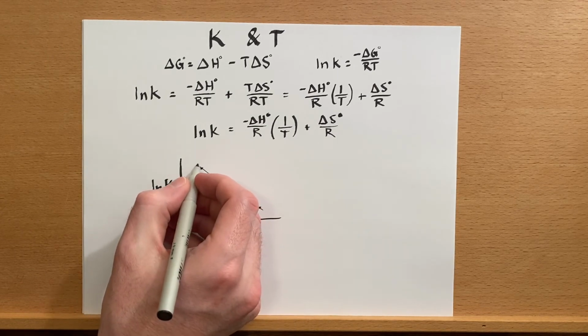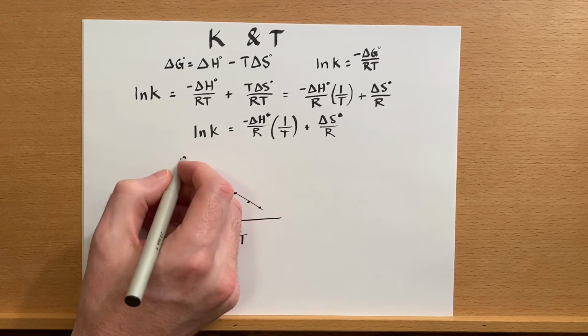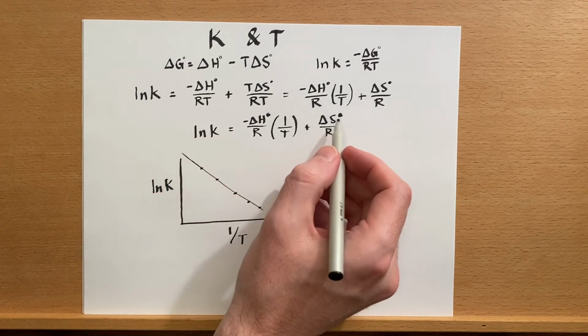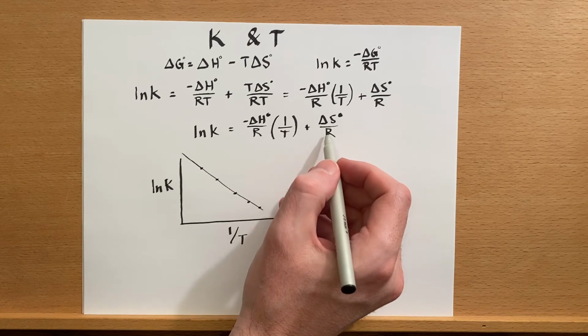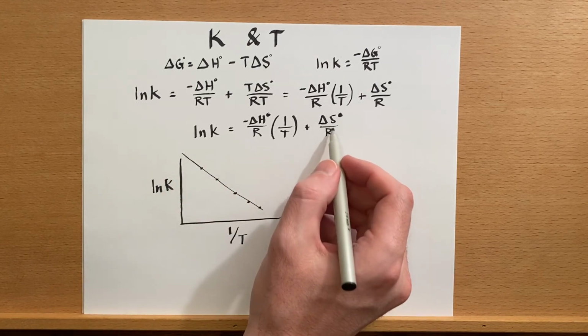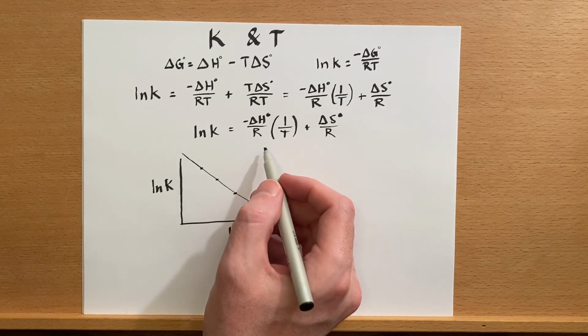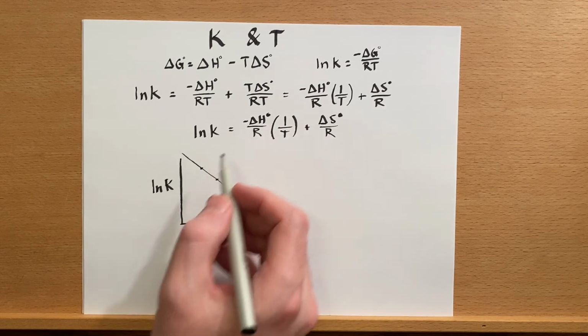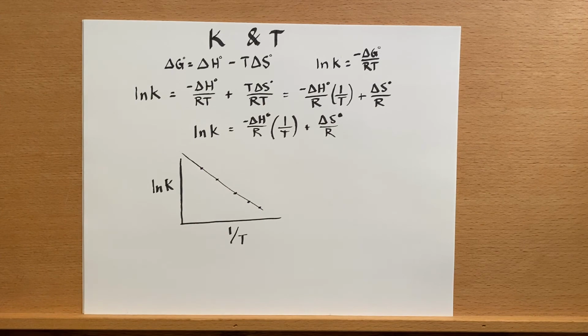And then from the intercept, we can get the entropy information. Now we'll just have to multiply both of those things by R, and in this case we'll have to change the sign, but then we can determine those important thermodynamic values from that.